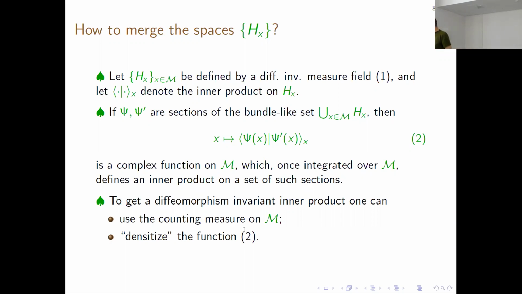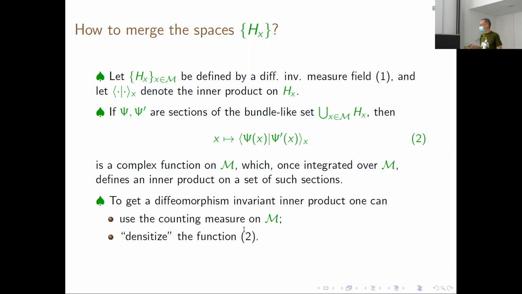So now, of course, because I would like to have a Diffeomorphism invariant inner product on that large Hilbert space, I would like to integrate this function over the manifold in such a manner, in a Diffeomorphism invariant manner.